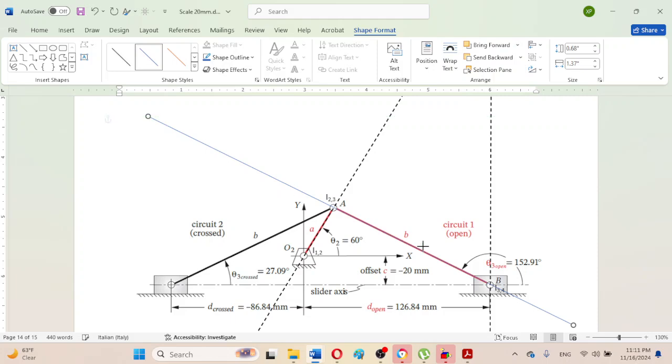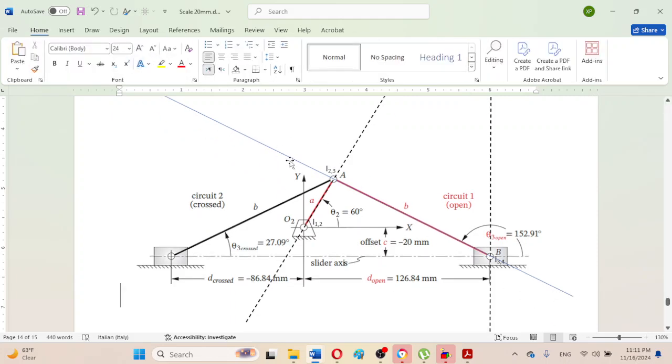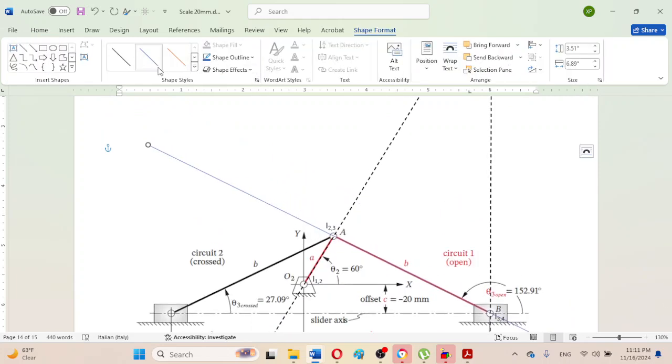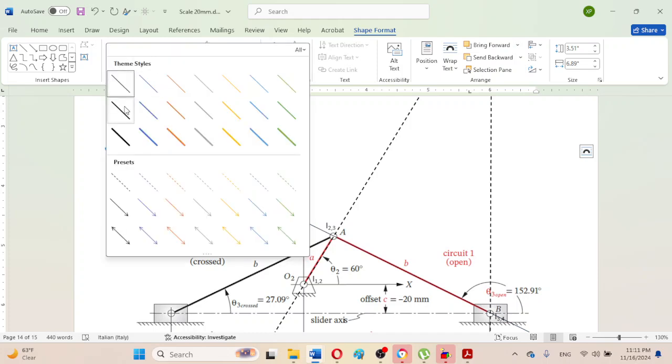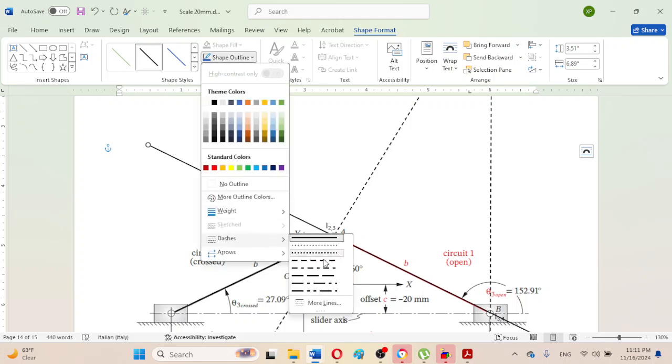Just extend it in both directions so that the instant center will be located where the intersection is available. So make it also in dashed pattern.